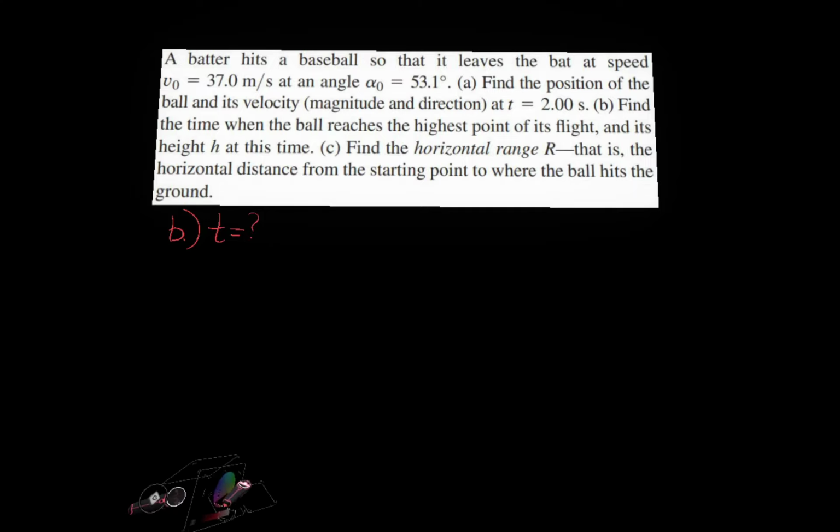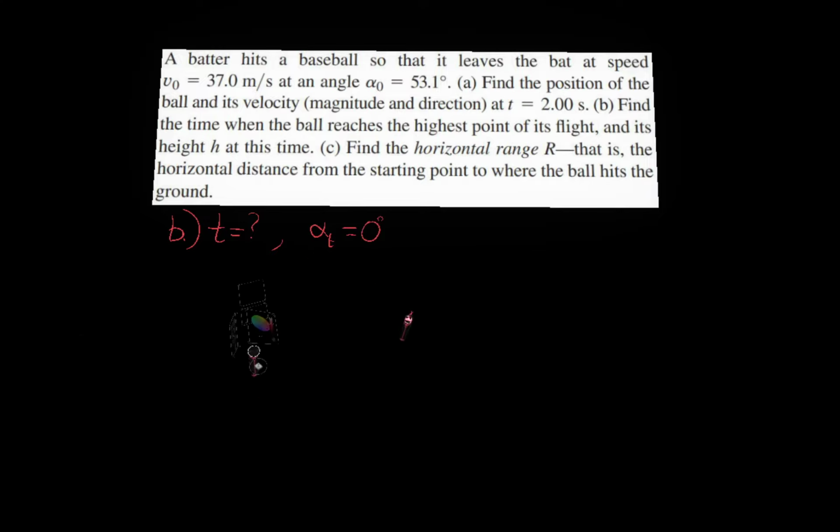When the ball reaches its highest point, what is happening? Well, the angle is going to be 0. So the angle at time t that we are concerned with is going to be 0 degrees.